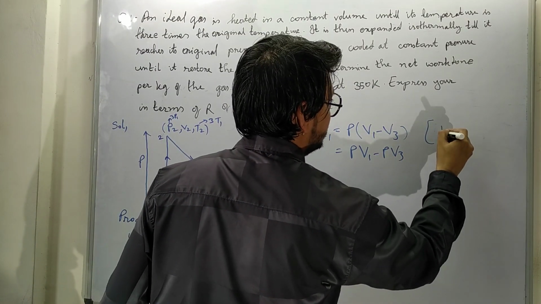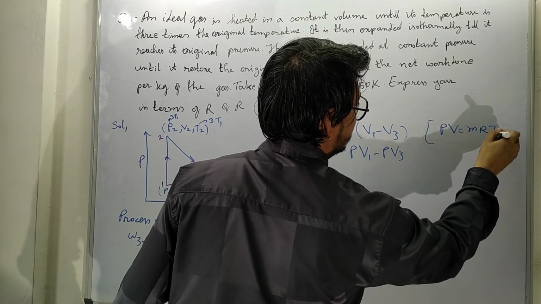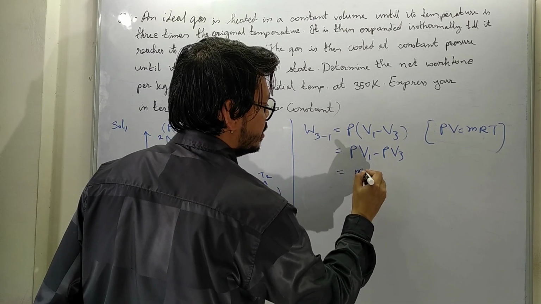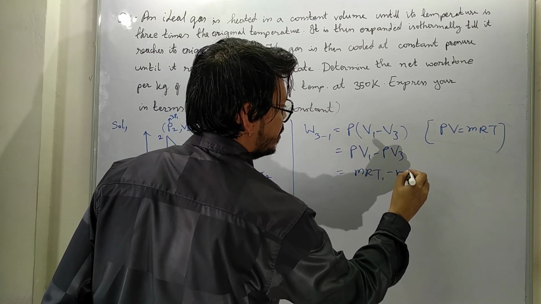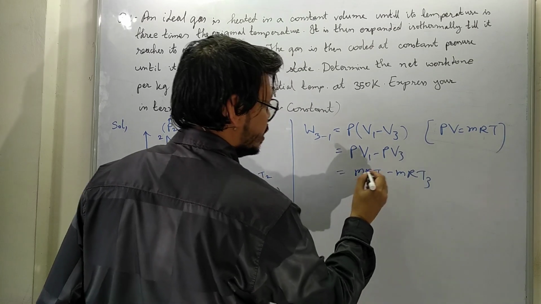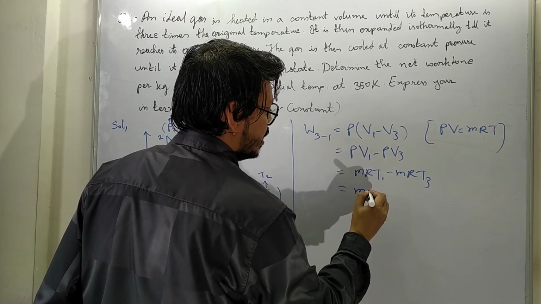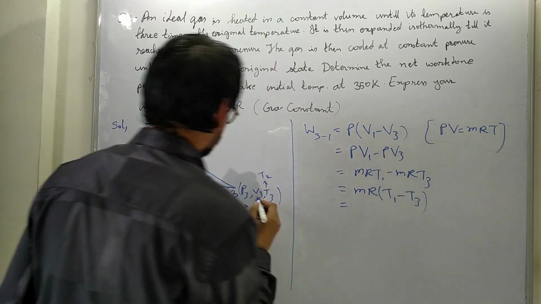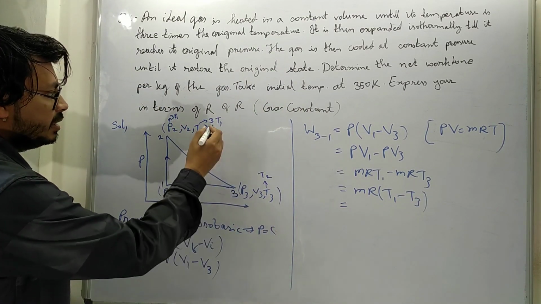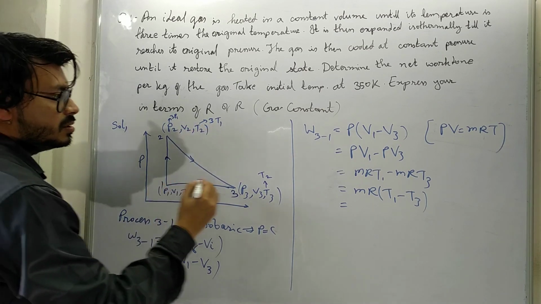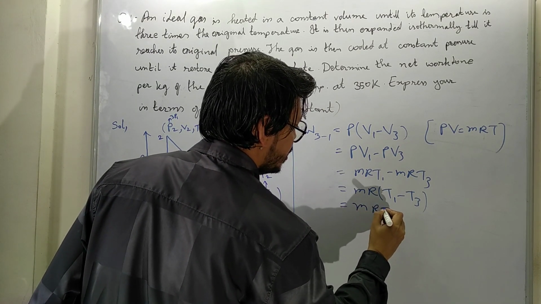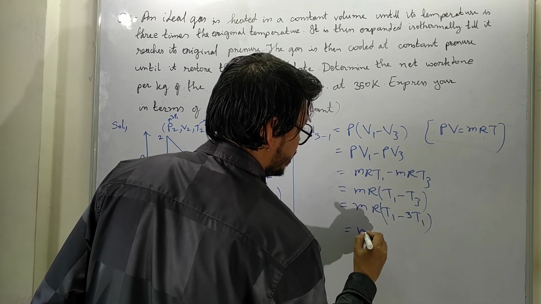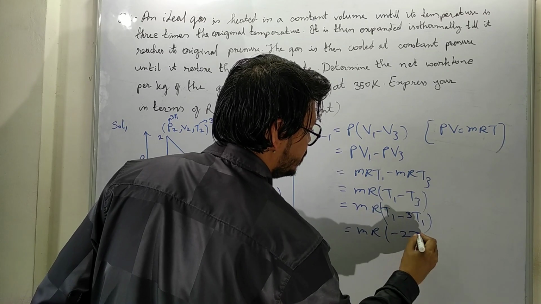We know from the ideal gas equation PV equals mRT. So in place of PV1 we can put mRT1 minus mRT3. If we take mR common, we get mR(T1 minus T3), and we know the value of T3 is equal to T2, and T2 is equal to 3 times T1. So mR(T1 minus 3T1) gives mR times minus 2T1.